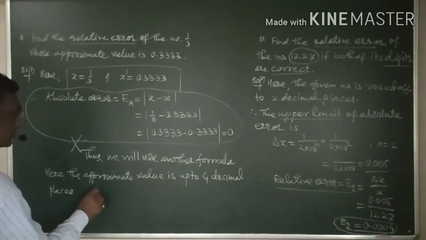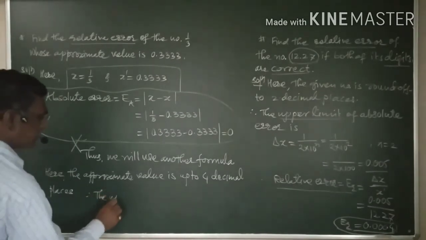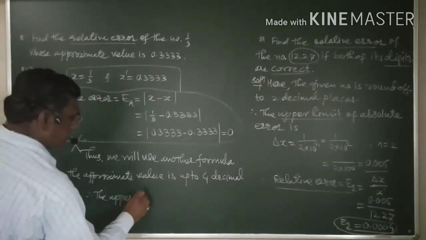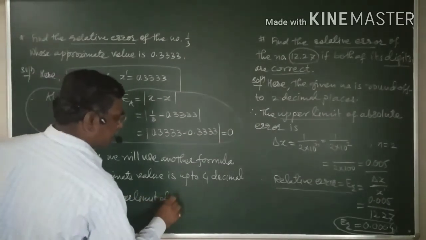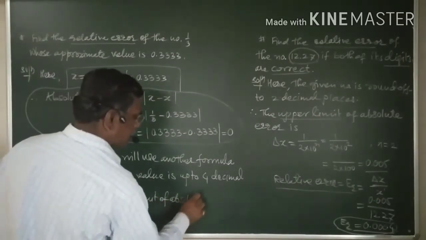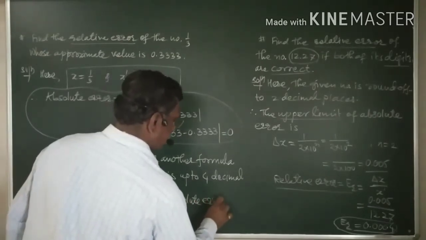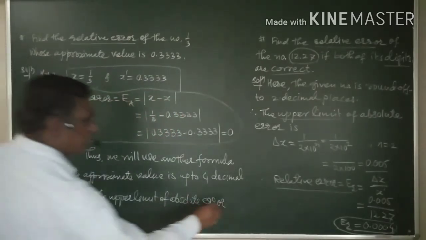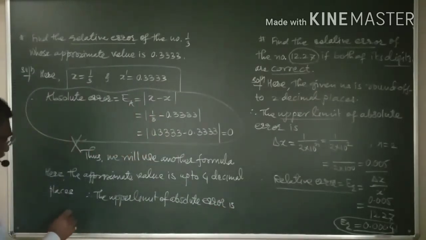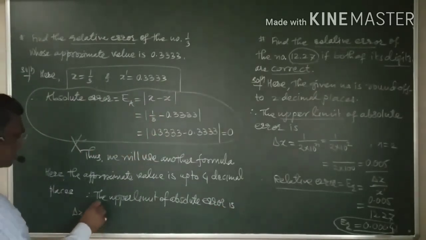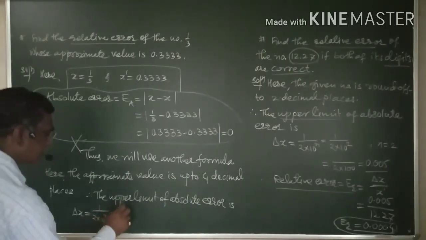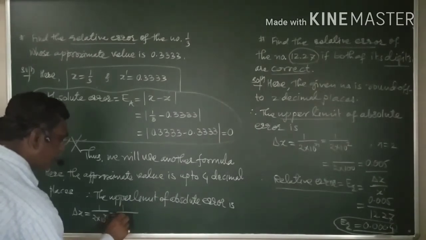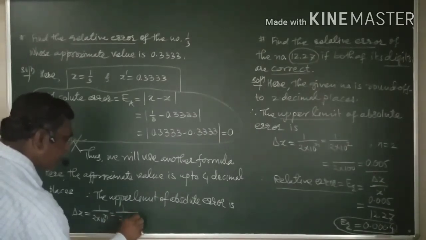Therefore, the upper limit of absolute error is del x is equal to 1 over 2 into 10 raised to n, which is equal to 1 over 2 into 10 raised to 4.